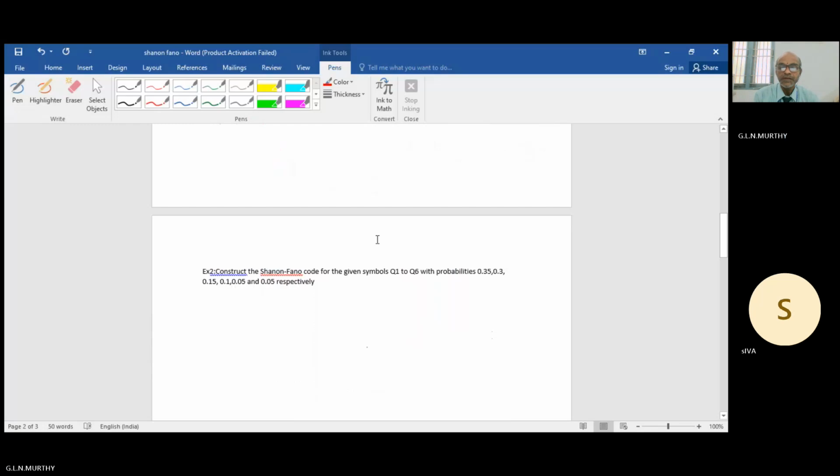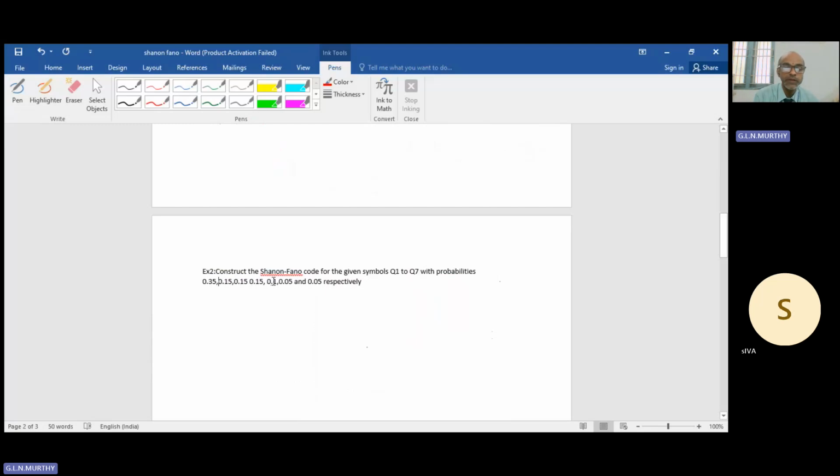So this consists of 7 symbols. The probabilities of these symbols are 0.15, 0.1, 0.35, 0.3, 0.45.